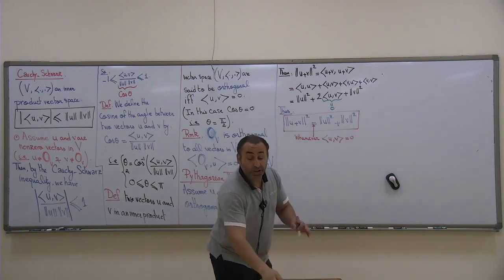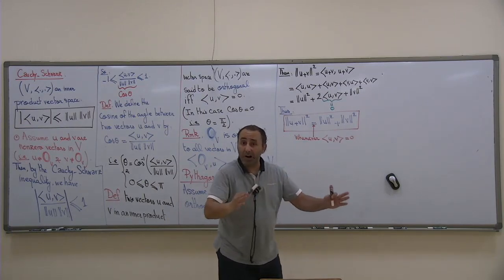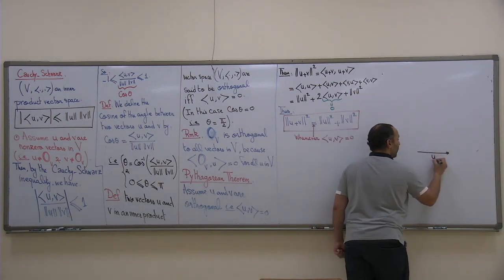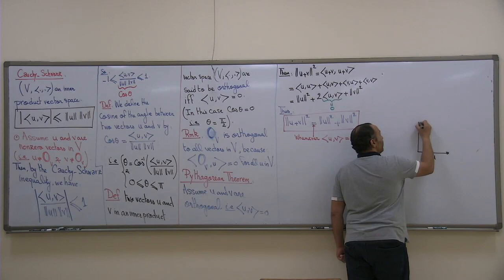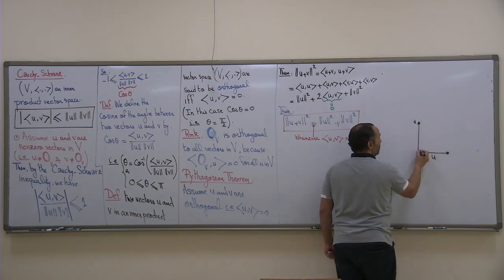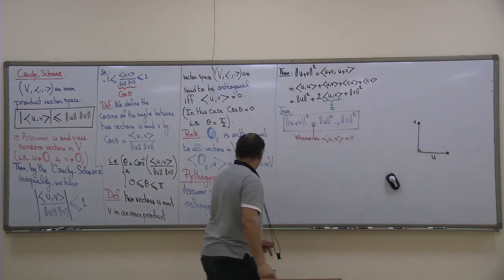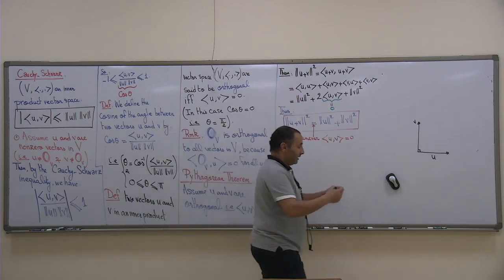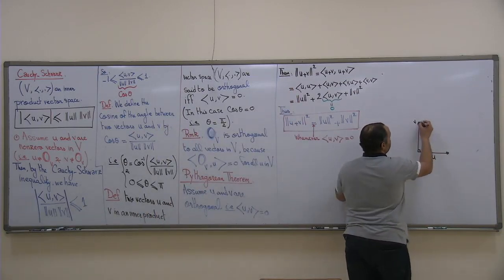If you draw it in R2, that means the xy plane, then I have a vector u. This is a vector u. This is a vector v. You have u orthogonal to v. When I compute u plus v, what is u plus v? Well, here is u plus v.